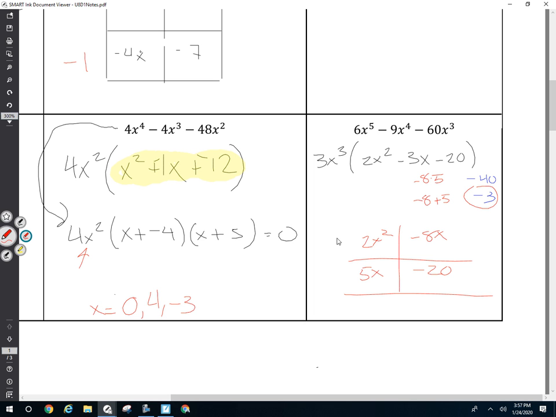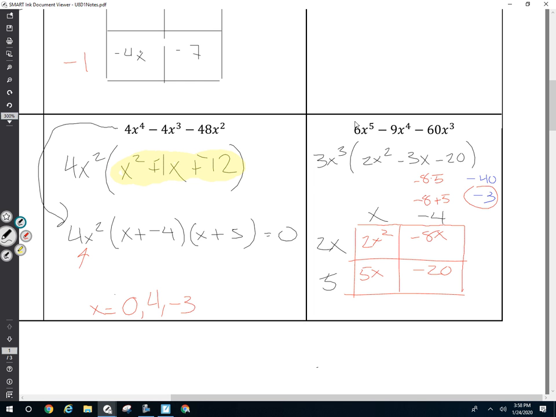I will quickly do this and then we'll move on. We get x, negative 4, 2x, 5. I'm checking. 2x times negative 4, okay. x times 5, okay. 5 times negative 4, good.